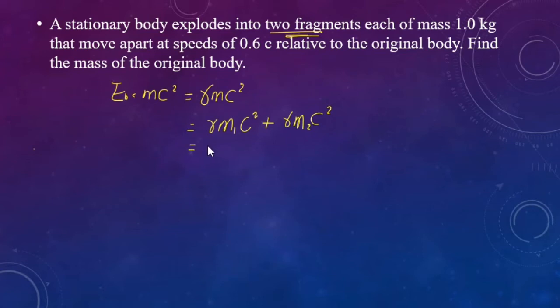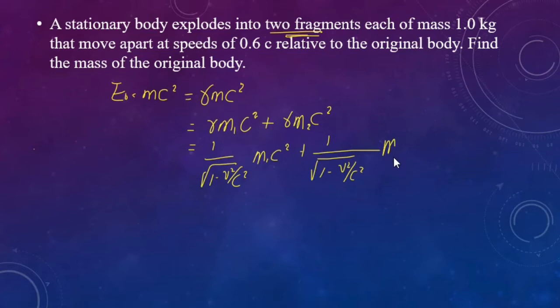Let's now substitute the given. For gamma, we have 1 over square root of 1 minus v squared over c squared, then mass 1 c squared, plus 1 over square root of 1 minus v squared over c squared, then mass 2 c squared.